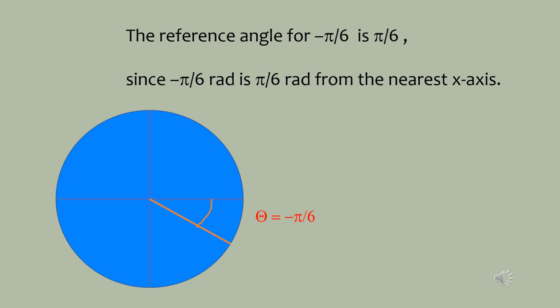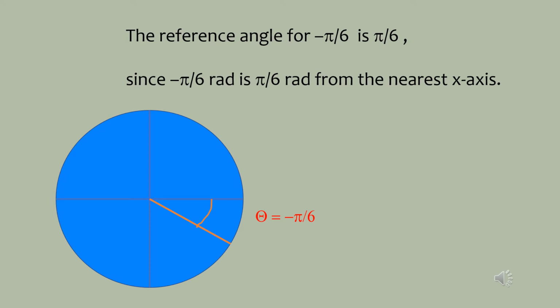So if I rotate backwards into quadrant 4 to negative pi over 6, its reference angle will be positive pi over 6 radians.